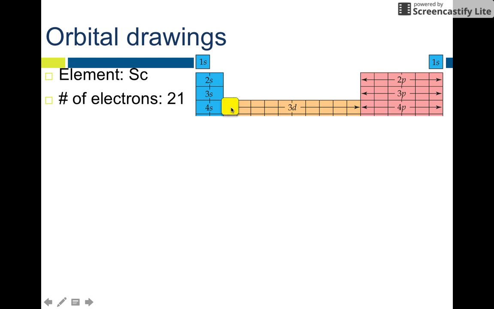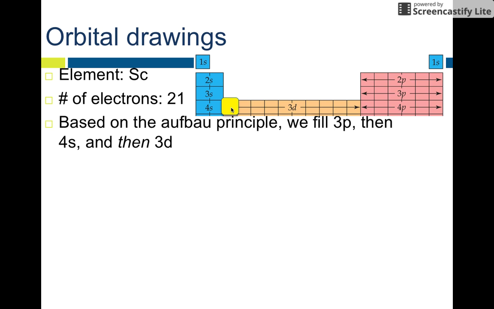The reason we're looking at this one is it's the first time we start dealing with d electrons. So based on the Aufbau principle, we're going to fill 3p, and then we're going to fill 4s. So if we move across, we fill 1s, 2s, 2p, 3s, 3p, then we get down to 4s, and then we get into the d block, but we have to remember that this isn't 4d, this is 3d.